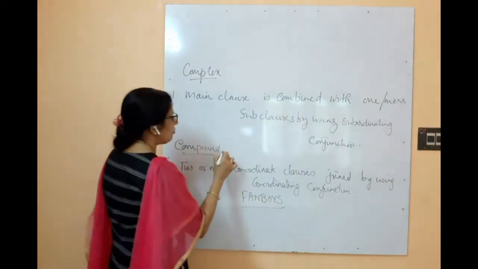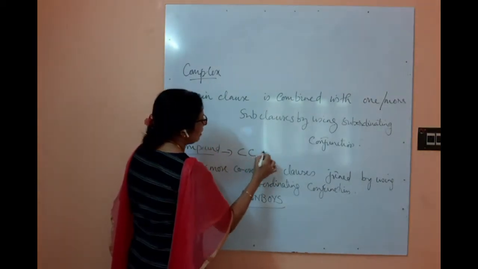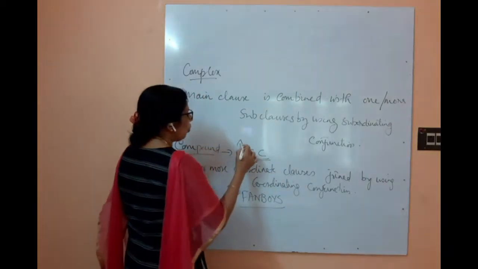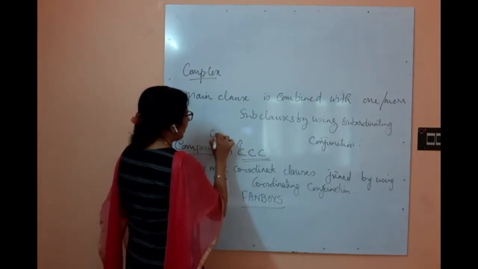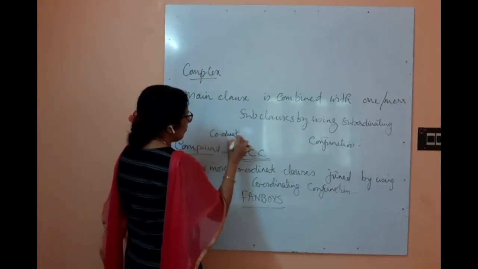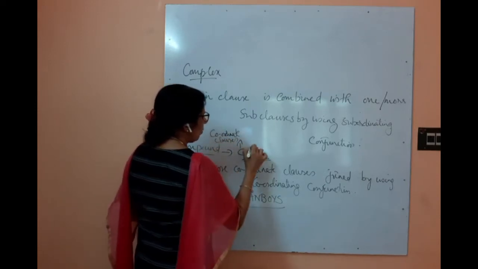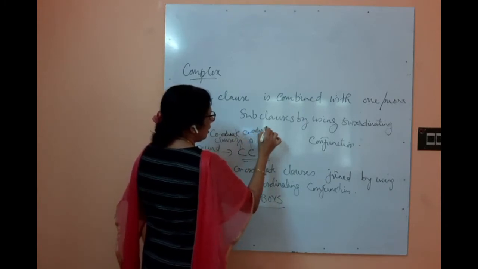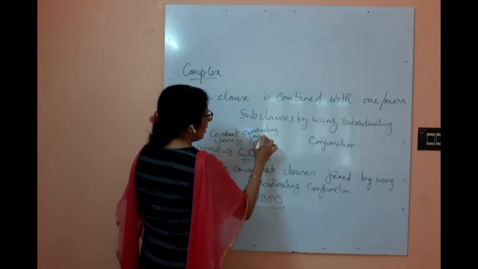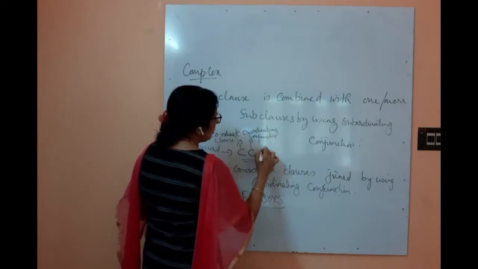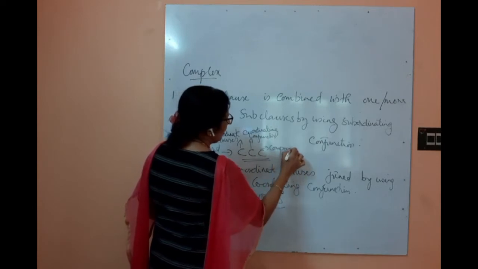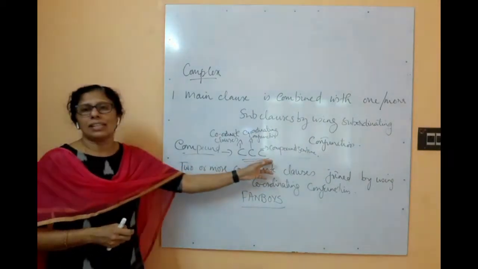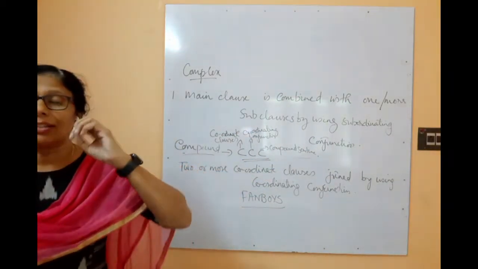Here is an easy way for you to remember. What is it? Triple C. Just note this down. First C: two or more coordinate clauses. This C stands for coordinate clauses. Two or more coordinate clauses combined with a coordinating conjunction form what? A compound sentence. Understood, children? This 3Cs is very easy for you to remember.